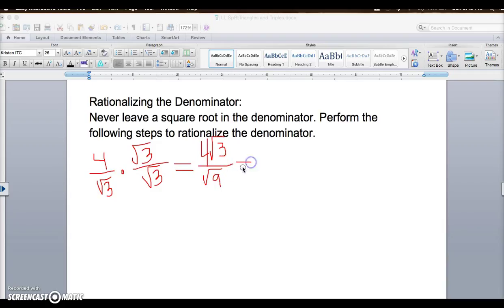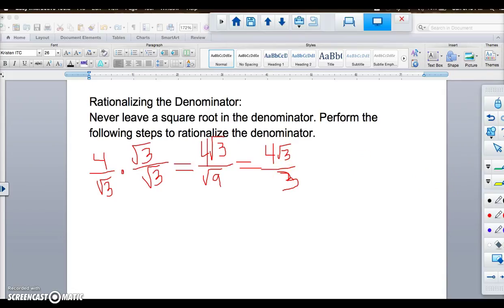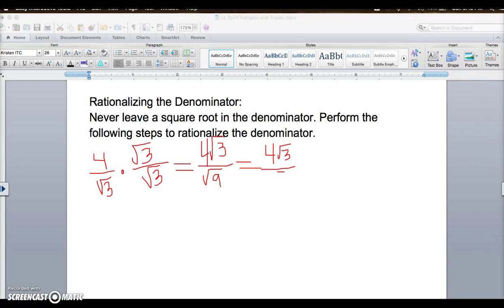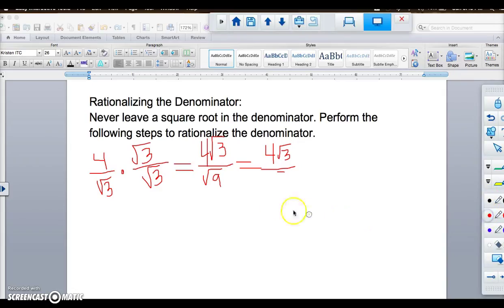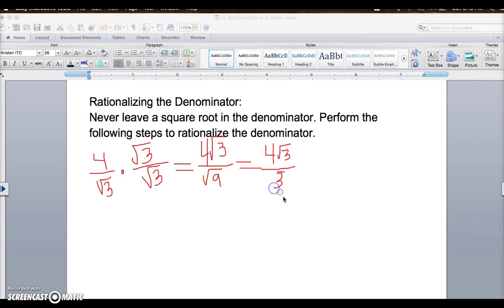And that will simplify further. You get 4 square root of 3 over 3. Hard to write with. 4 divided by 3 does not reduce, so that will be your final answer. See if I can make it look a little better. There.